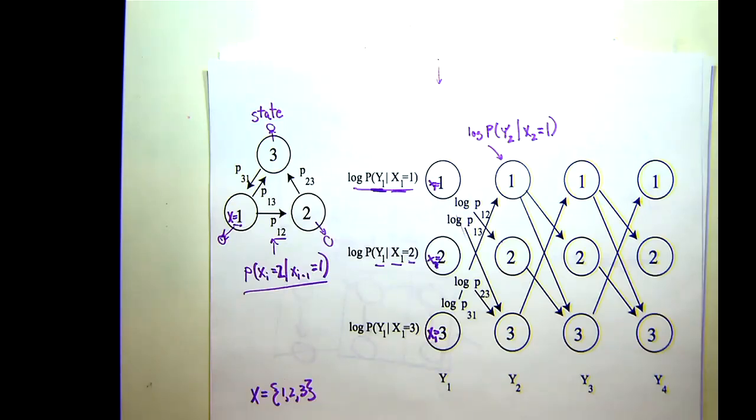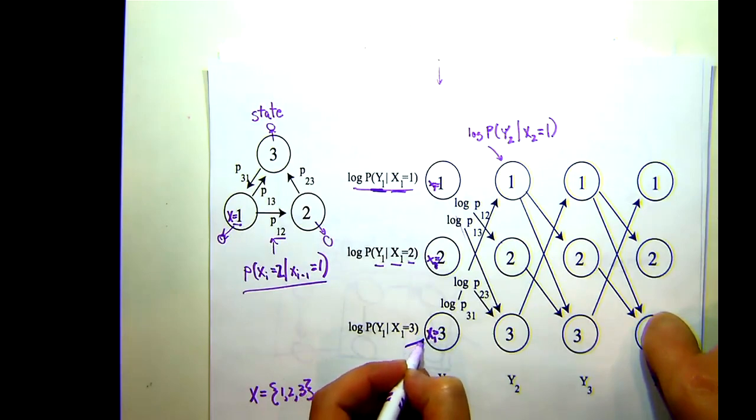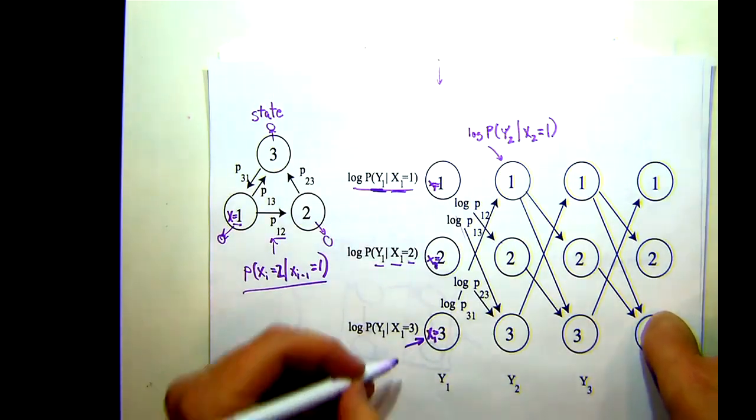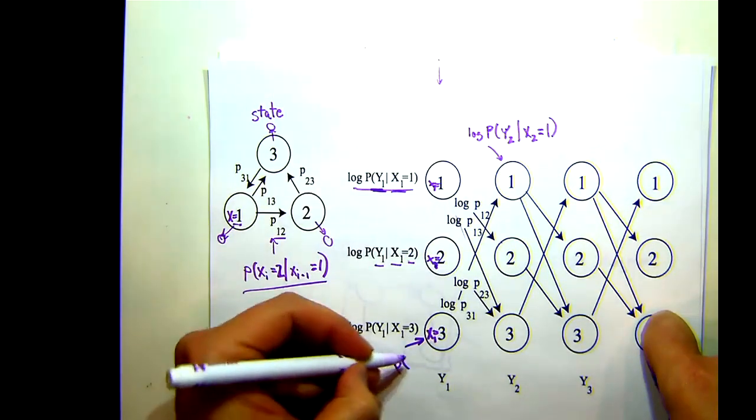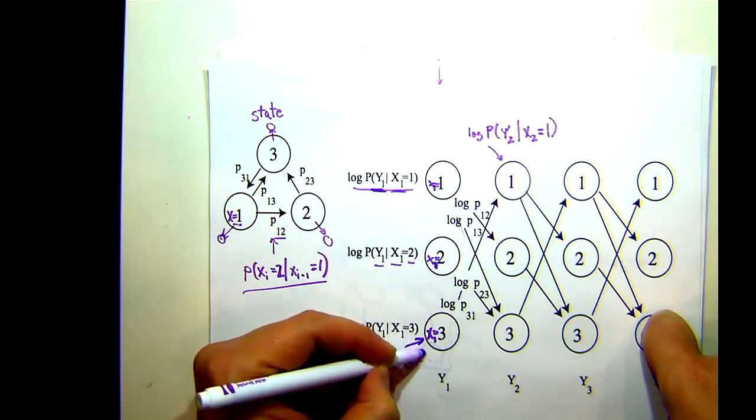Now, the one thing that's left off of here is that initial probability of being in any given state. I'm not sure why that was left off. You can think of there being an arrow going into these states that is the probability of x1 equaling 3.